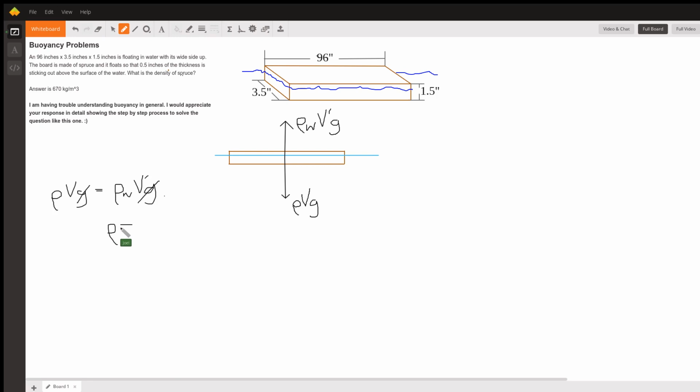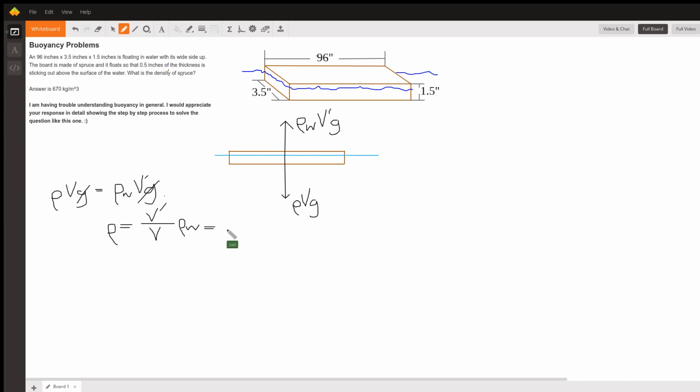Anyway, let's solve for our density. That's the question that we're actually after. What we'll get is the volume displaced divided by the original volume times the density of water. Okay. Now we just want to go ahead and put in our values here.